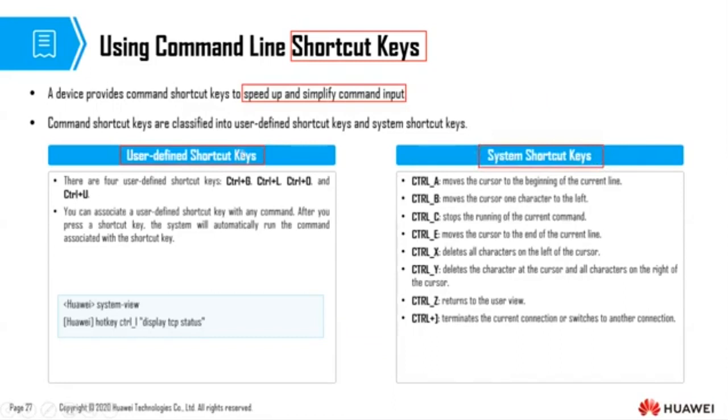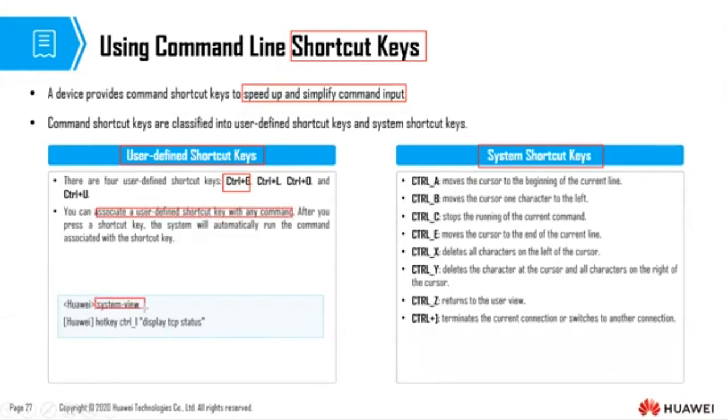So user-defined means you've configured it. So you can configure Control G, for example, Control L, Control O, and Control U. So when you do that, you are associating a user-defined shortcut key with any command. This is just an example.